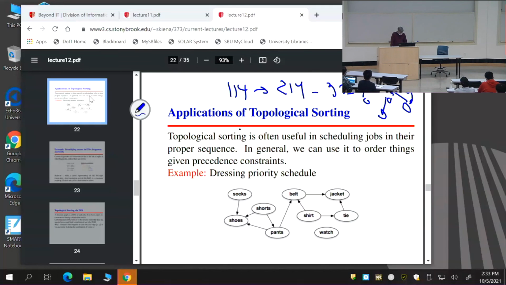Does everybody agree that this one has in-degree 0? So I'm going to put the one of in-degree 0 first, and then delete the outgoing edges from this. If I had a DAG before, if I do this, am I creating any cycles? No, I'm only making it easier because I'm deleting edges, right?